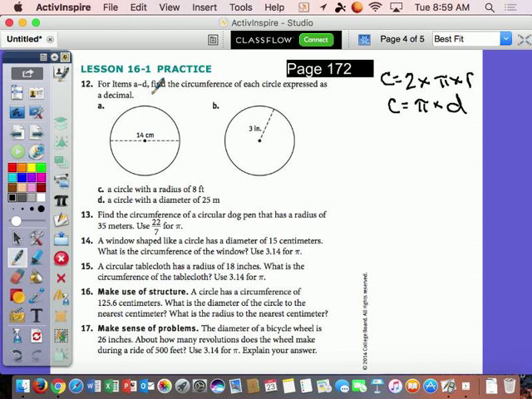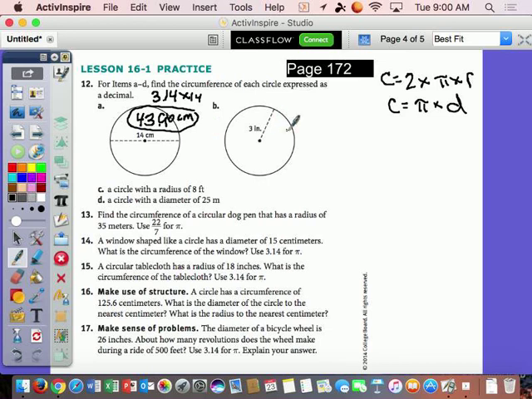So let's again use 3.14, and we're just multiplying it by 14. 3.14 times 14. What's that give you? 43.96 centimeters. All I did was multiply the two numbers.